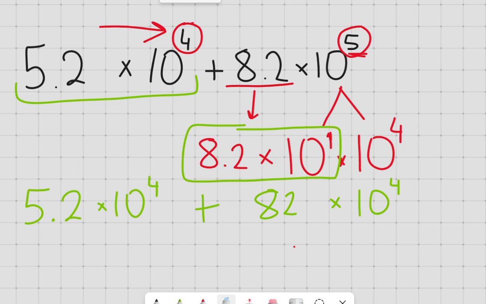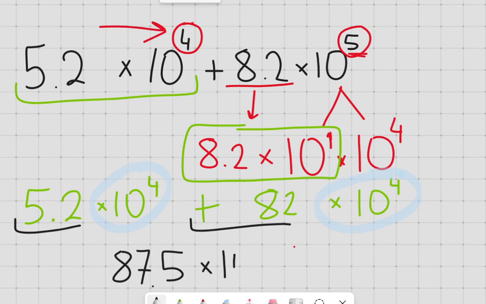Now this is something that we already know, right? It's 10 to the power of 4 and 10 to the power of 4. They have the same base, which is perfect. What we need to do is add the numbers. 5.2 plus 82 will be equal to 87.5. We copy the exponent, 10 to the power of 4.